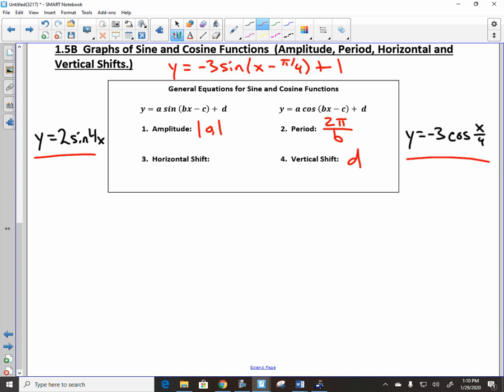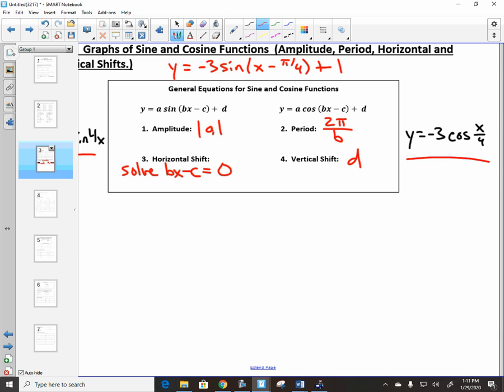So you can see the plus D is on the outside, that affects it vertically, which means the inside is horizontal. It's not C. You've got to solve for where Bx minus C is equal to 0. And whatever you come up with for the solution there, that's the horizontal shift. Okay?